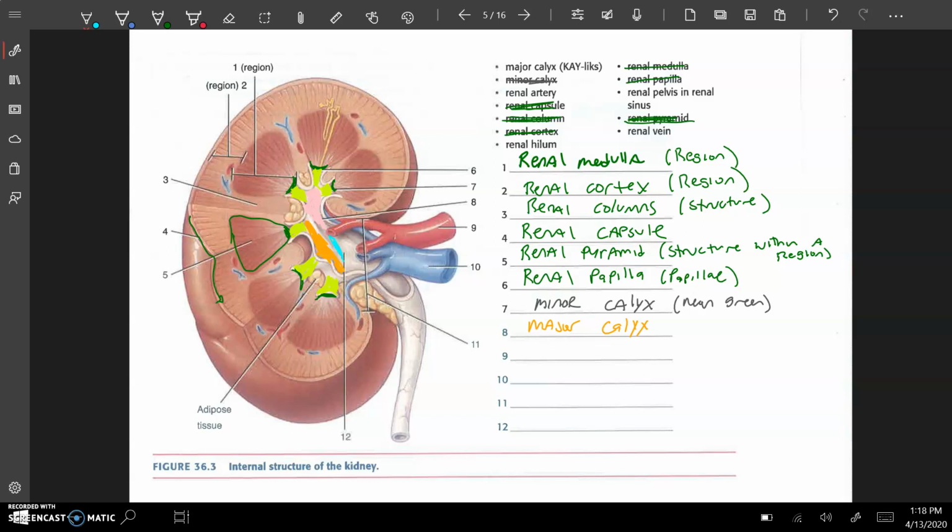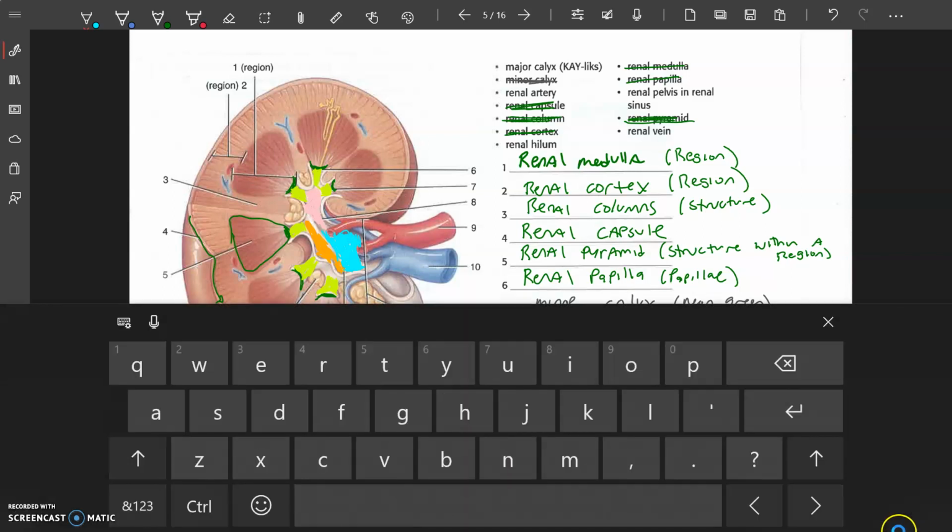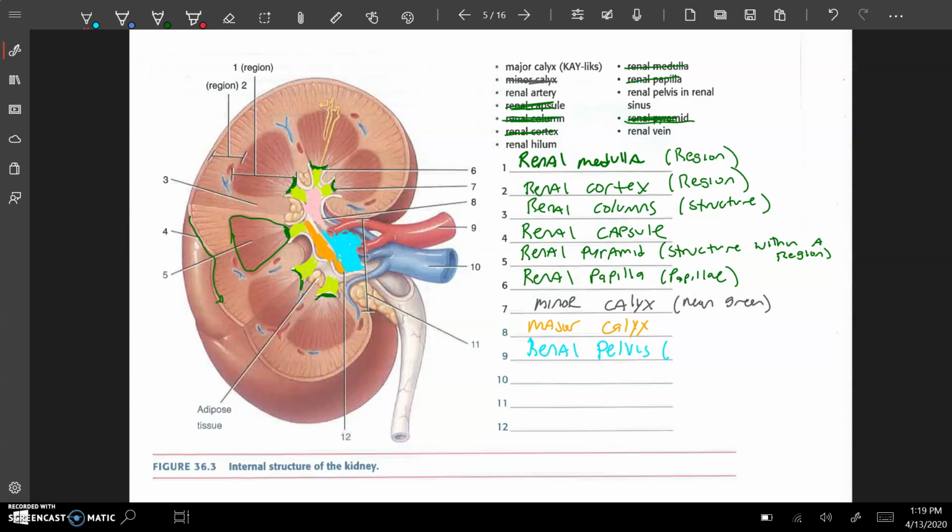Those 2 majors will now drain into the center here, which is going to be referred to as our renal pelvis. And that is, again, another structure within a region.